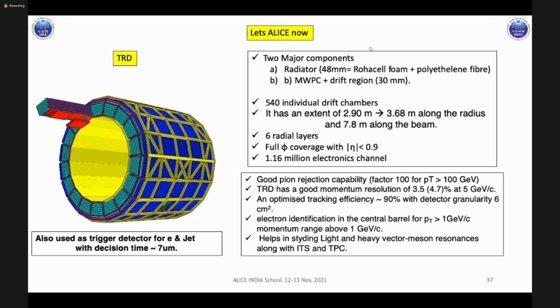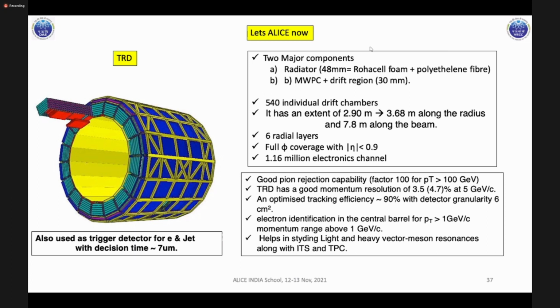And what are the salient features? Salient features are good pion rejection capability, and the factor is about 100 for PT greater than 1 GeV. And TRD has a very good momentum resolution. Optimized track efficiency, 90%. Electron identification in the central barrel for PT greater than 1 GeV.